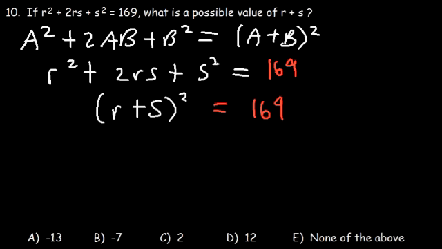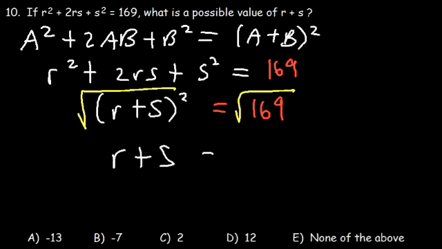So what we could do at this point is take the square root of both sides. On the left side, we now have r plus s, which is what we're looking for. And the square root of 169 is equal to plus or minus 13. So therefore, negative 13 is a possible value of r plus s. And that's the answer for this problem. So A is the right answer.